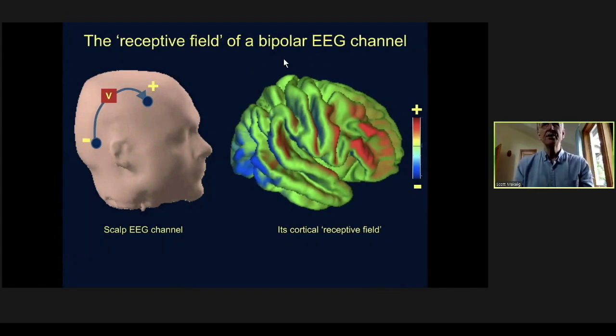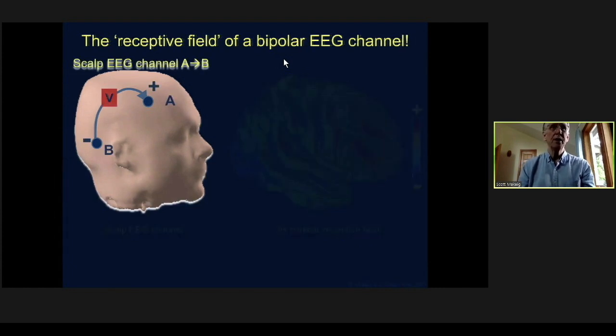It turns out it's sensitive to everything in this picture that's not bright green. So each EEG channel is a spatial filter, but it's a very messy spatial filter, not dominated by a single cortical area.